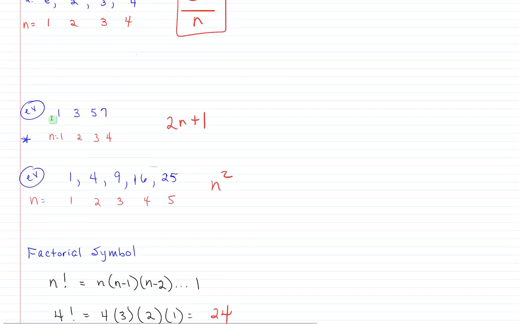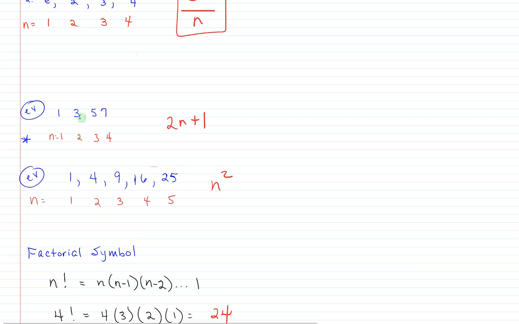All right, on this one, we got 1, 3, 5, 7. So we know those are odd numbers, but what we have to do is look again at n is 1, n is 2, n is 3, n is 4. How did I get to 1? And then how, when n is 2, did I get to 3? That one's a little bit harder to do, but it's 2 times n plus 1.